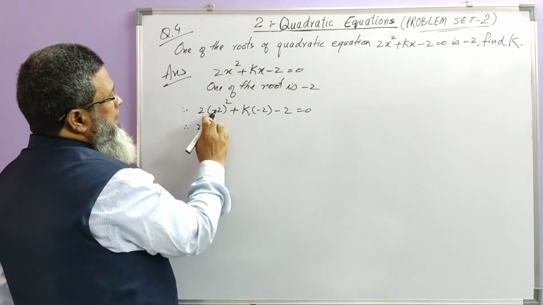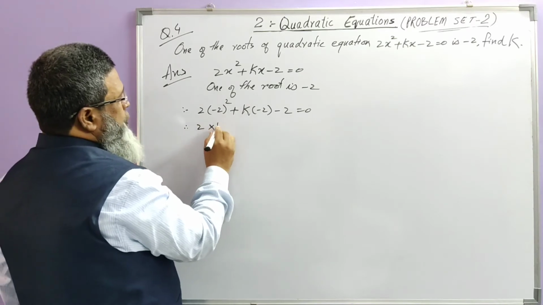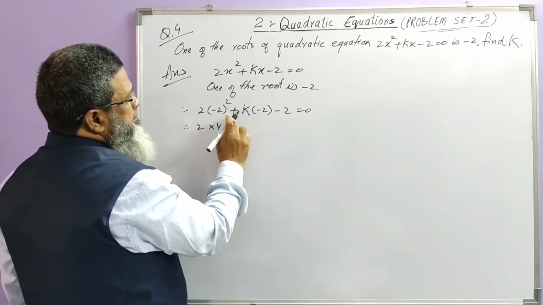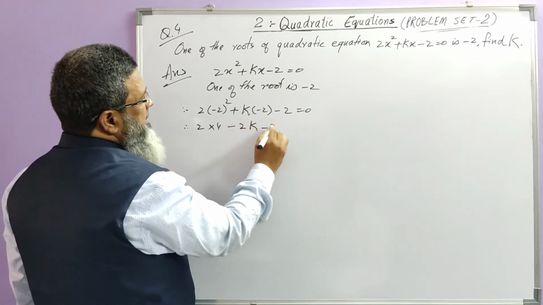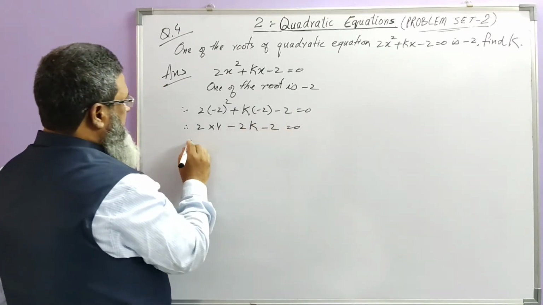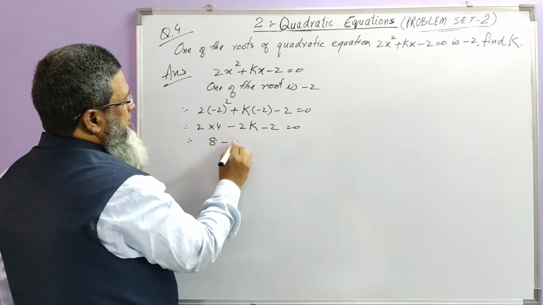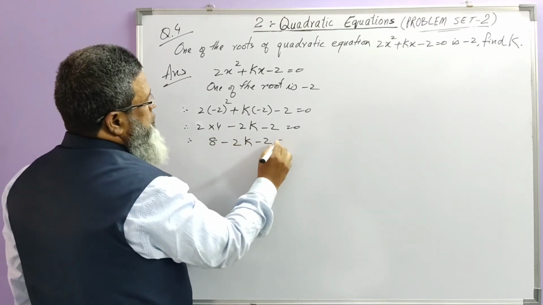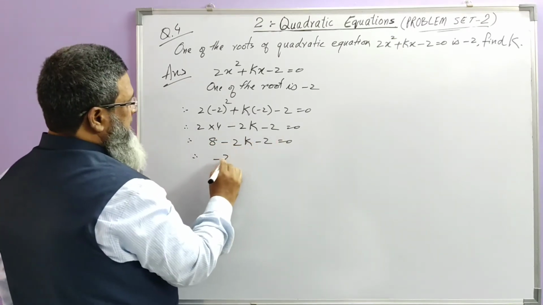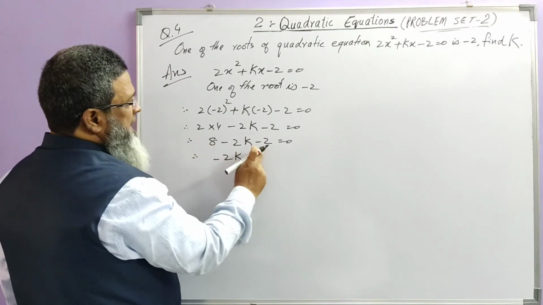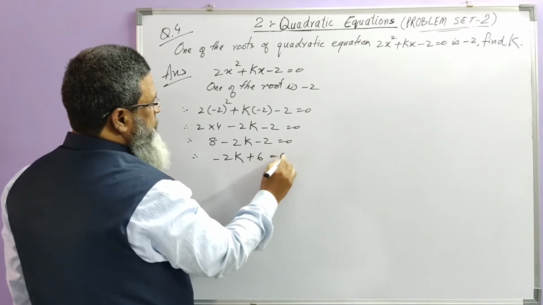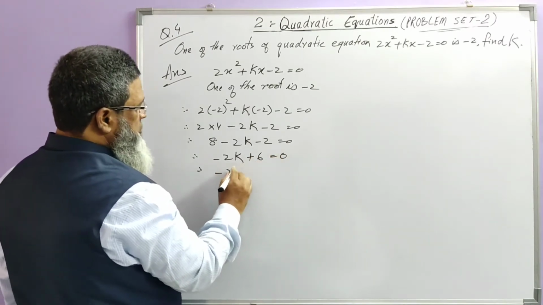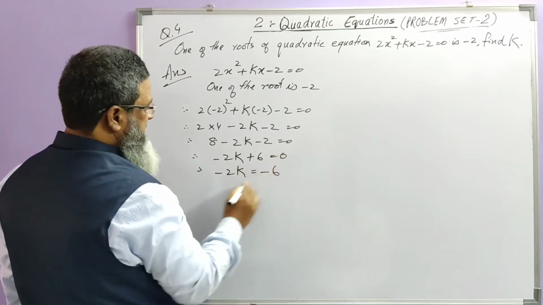Therefore 2 into minus 2 square is 8, plus k into minus 2 is minus 2k, minus 2 is equal to 0. Therefore this becomes 8 minus 2k minus 2 is equal to 0. Therefore minus 2k, 8 minus 2 is plus 6, is equal to 0. Therefore minus 2k is equal to minus 6.